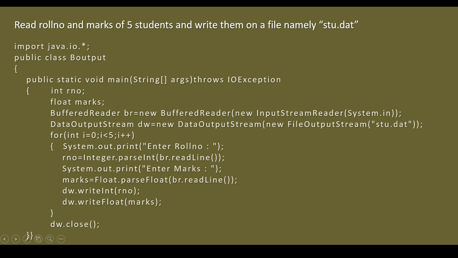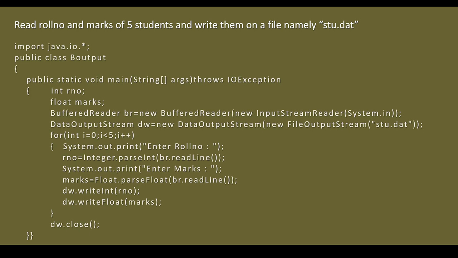Now you are going to display a message System.out.print enter roll number. Okay, so here whatever value you get, you will get it as string. We already discussed in videos about conversion between primitive type to string and string to primitive. You would have seen these lines.